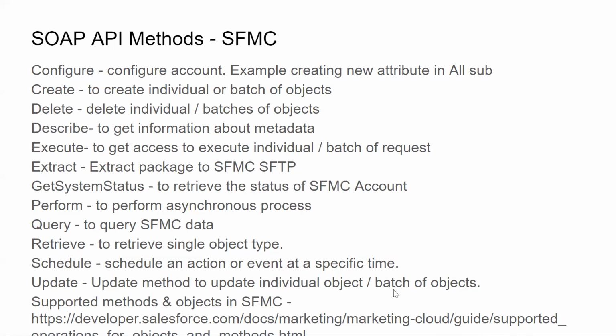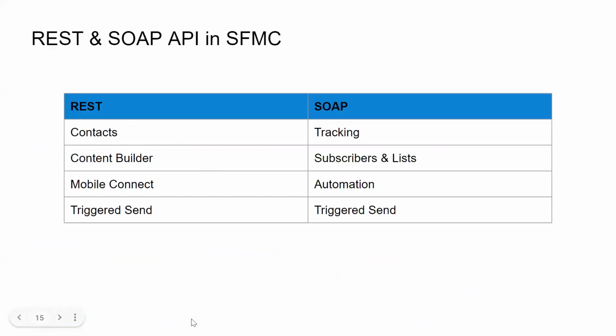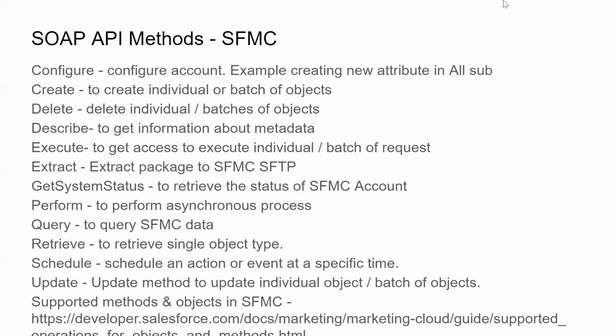By objects I mean things like data extension, Content Builder, and so on. Which objects are supported is something we will see in upcoming slides. So this is with respect to SOAP APIs. And then moving on.